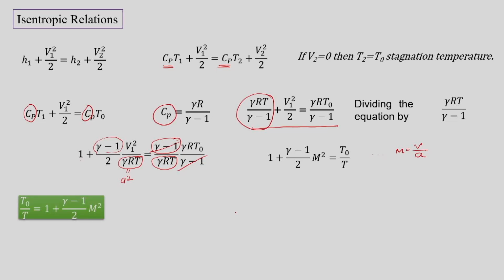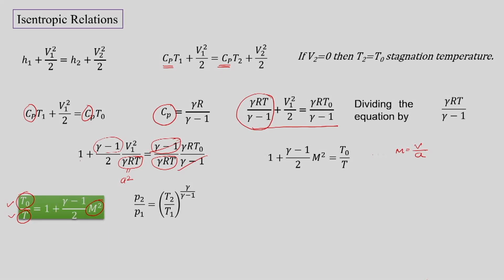Therefore, we get an expression which says that T naught upon T is equal to 1 plus gamma minus 1 by 2 M square. Here, if we know the static temperature and the Mach number of the flow, then we can know the total temperature. Otherwise, if we know the total and static temperatures, then we can find out the Mach number of the flow.